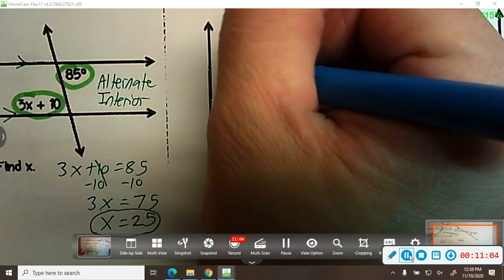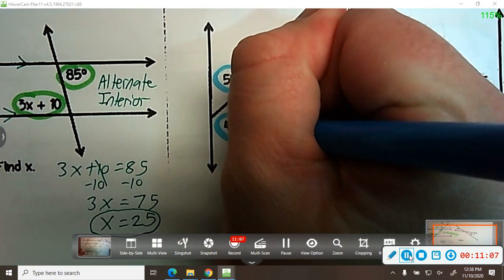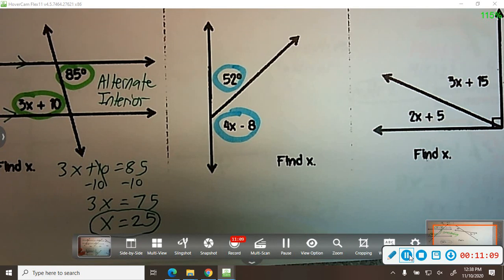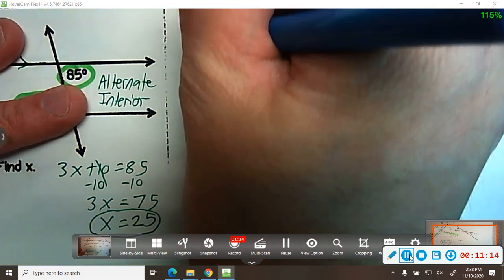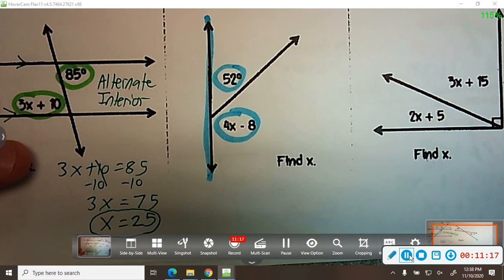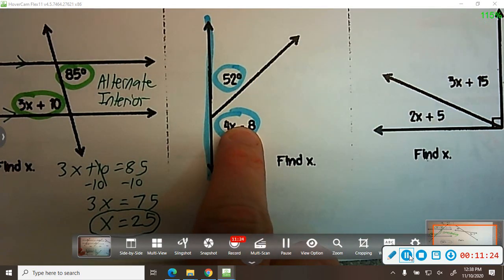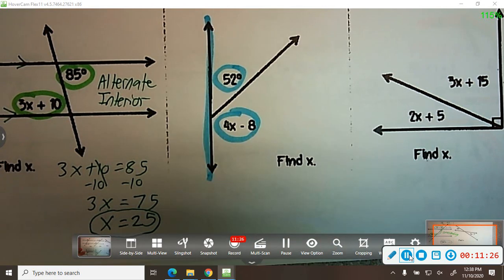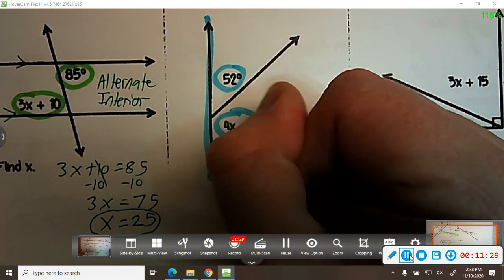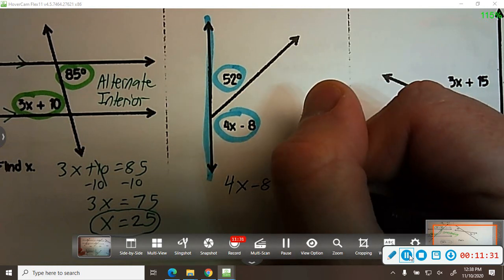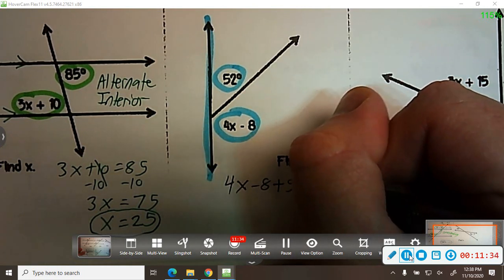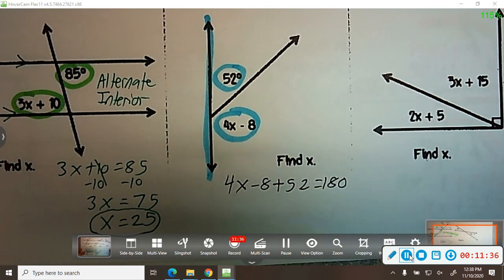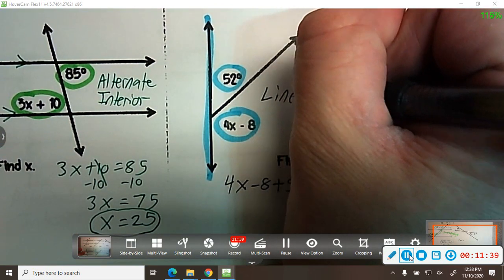These two angles, they're next door to each other. They're also together on the line. So because they're on a line, we call those linear pairs. You could also call them supplementary. But we know that this plus this is 180. So I know 4x minus 8 plus 52 equals 180, because these are what we call linear pairs.